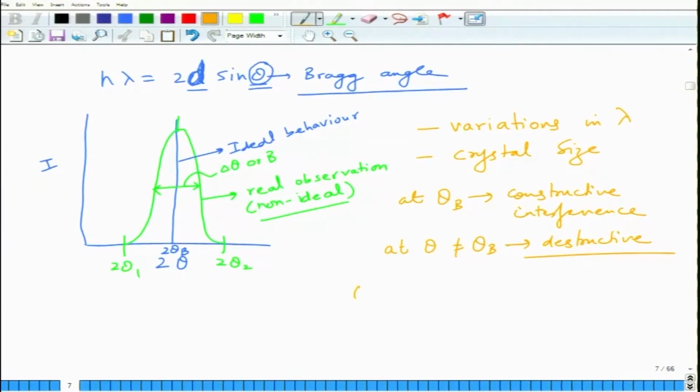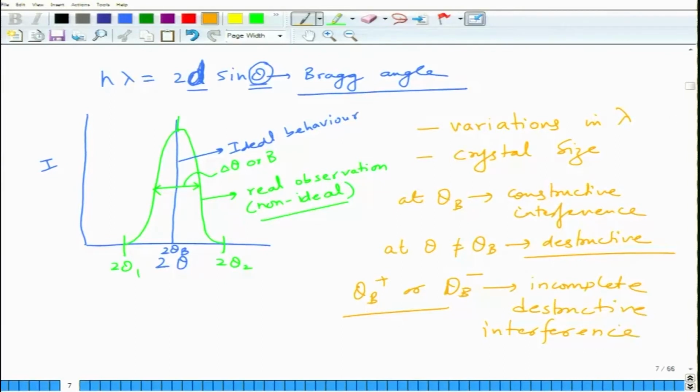So at theta b plus or theta b minus, you will have incomplete destructive interference, and this incomplete destructive interference increases as your crystal size decreases.